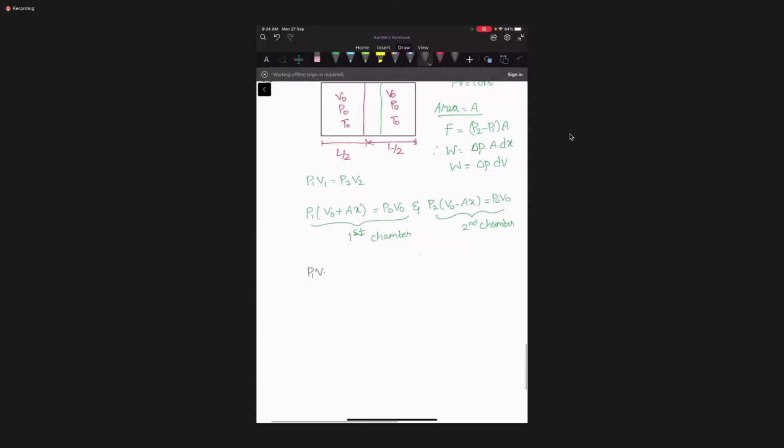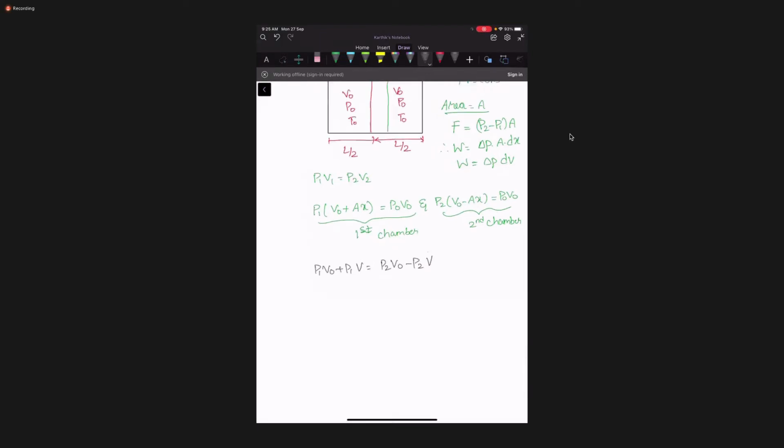See, P1 V0 plus P1 into area into X is equal to P2 V0 minus P2 into V, I'll take, right? So from this, V0 taken common, it will be P2 minus P1. This went that side, so this goes that side.